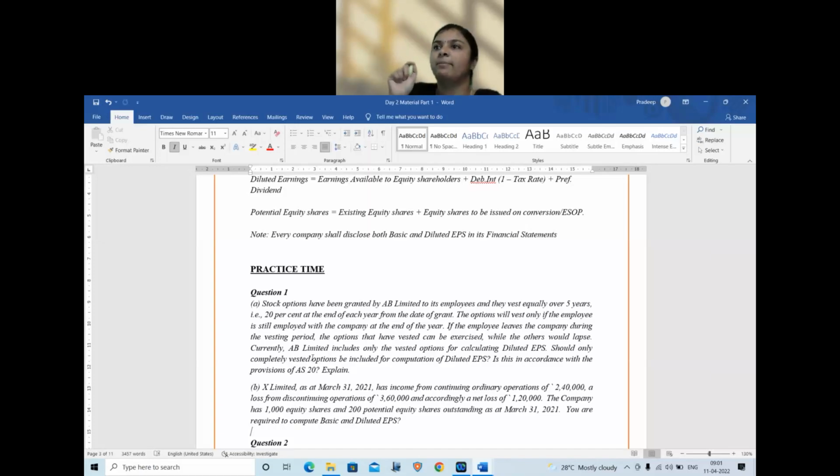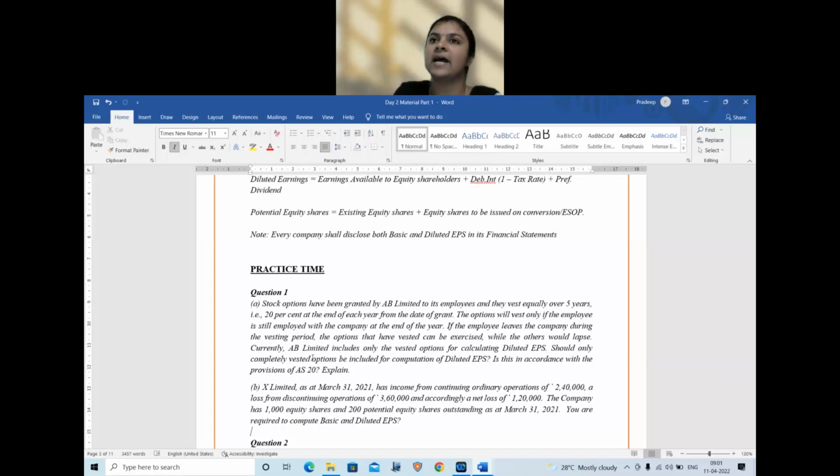Diluted EPS will be based on potential equity shares. Potential equity shares will be calculated on the date of vesting, which means on the date of completion of criteria, or on the date of grant. It is calculated right from the date of grant of the option, which means the moment you open the scheme, potential equity becomes available.